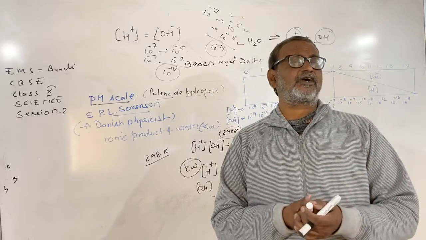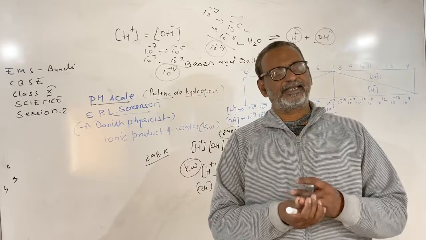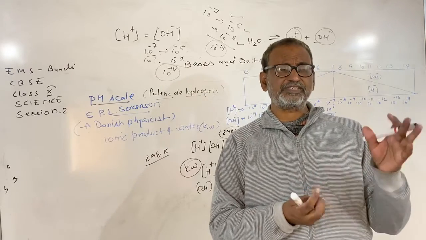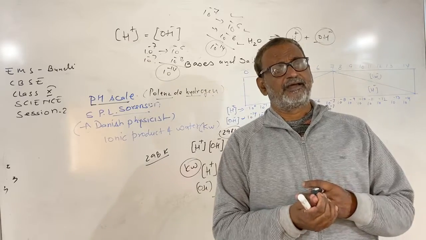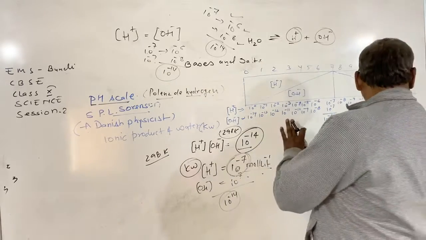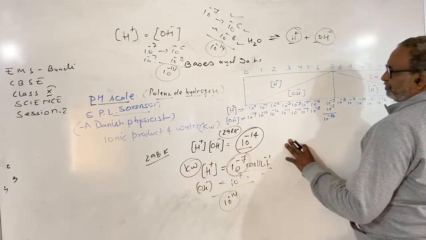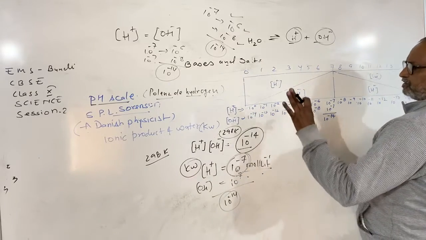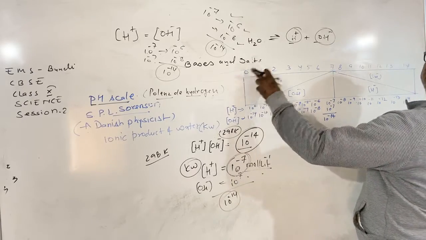The definition of pH is beyond the scope of 10th class. So we are not going to discuss the definition of pH. Now you see, this is the pH scale. On this pH scale, we can measure pH from 0 to 14.